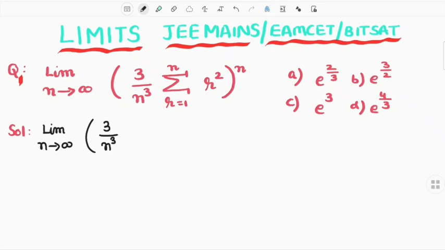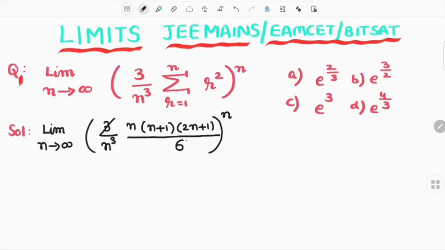Sum of the squares of first n terms, sigma n square, is equal to n into n plus 1 into 2n plus 1 divided by 6. So I am writing here n into n plus 1 into 2n plus 1 divided by 6, whole power n.